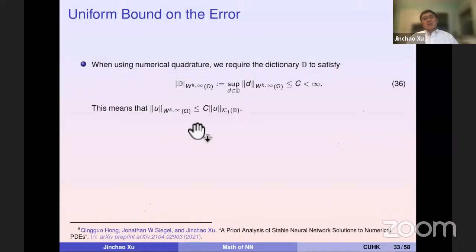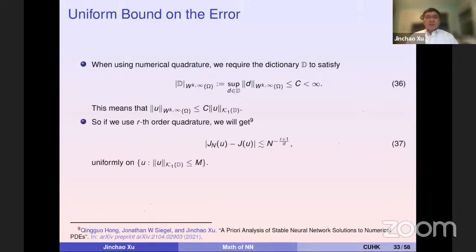It will be bounded. I just want to emphasize here that I'm happy to do any analysis, but in this analysis I'm going to require my solution to be quite smooth. So if the K1D space, in this case the solution, is quite smooth, and the W^{k,infinity} is bounded, then you can do the numerical quadrature.